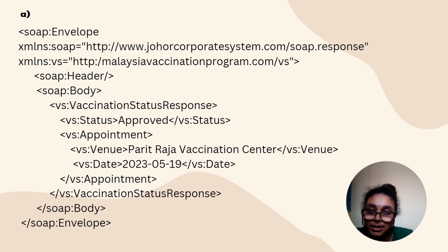After inserting all this, we end our SOAP response by closing the appointment tag, closing the vaccination status response tag, closing our body tag, and ending with the closing tag of the envelope. So this is how we write a complete SOAP response according to question A.